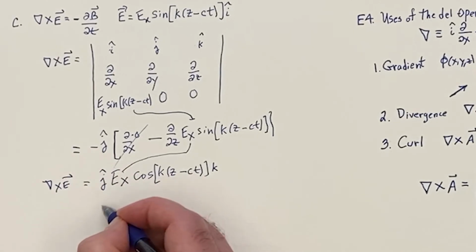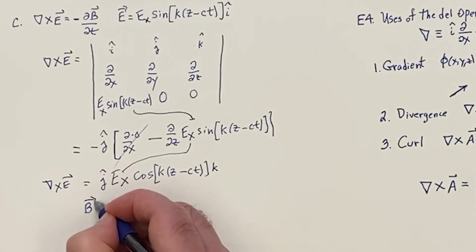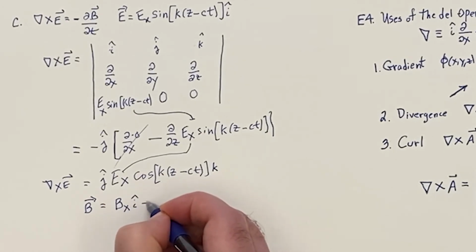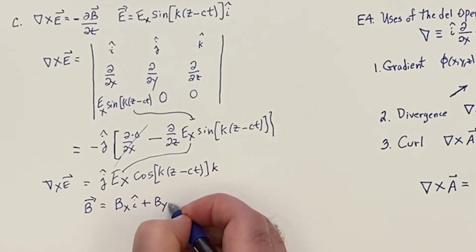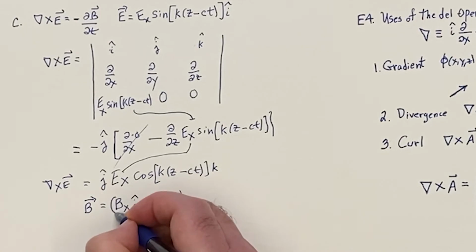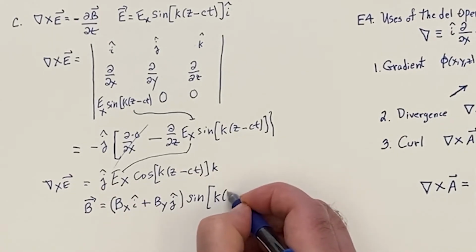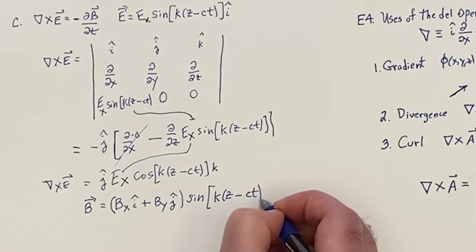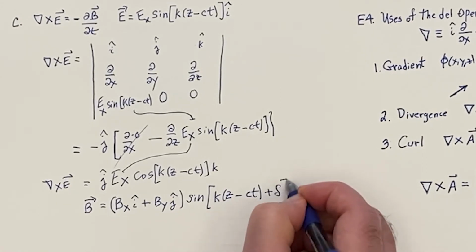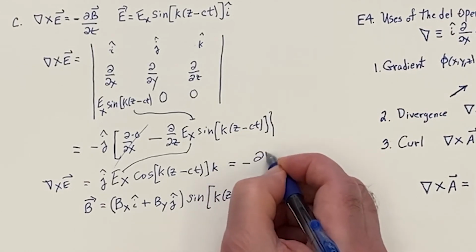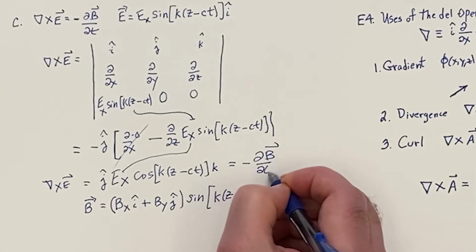And then for the magnetic field that we had from before, we said it had to be transverse, so that means no z component. So we have this, and then we have the sine of kz minus ct, and then we have a possible phase in there. But see, this has to be minus dB/dt.